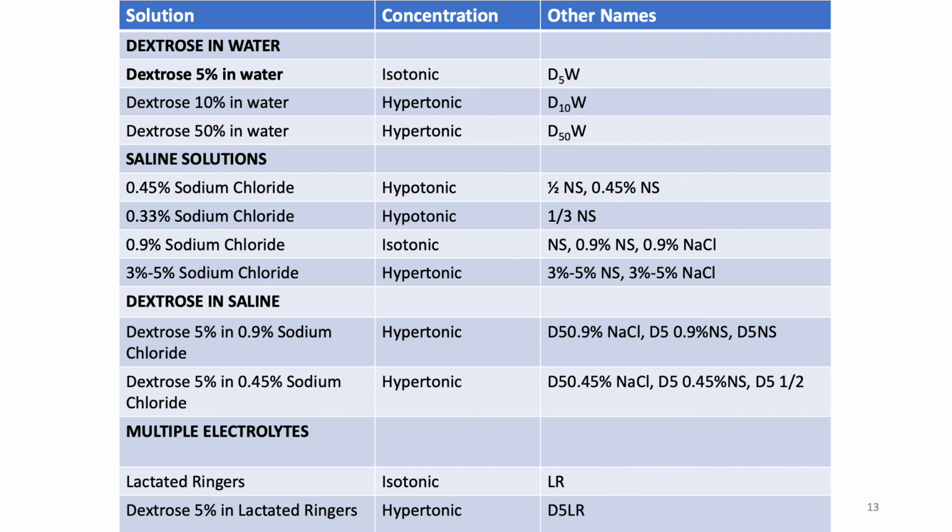Again, they have a higher percentage than normal saline, which is at 0.9%. When you look at them, just think of them as the ones that are the whole number. So dextrose 10%, 50%, sodium 3% to 5%. And then there are some combinations of dextrose and normal saline that are also considered hypotonic solutions.